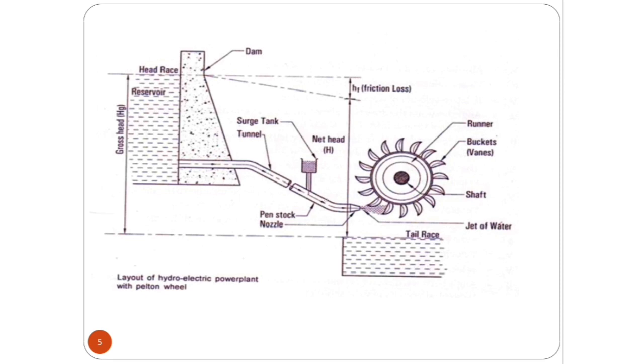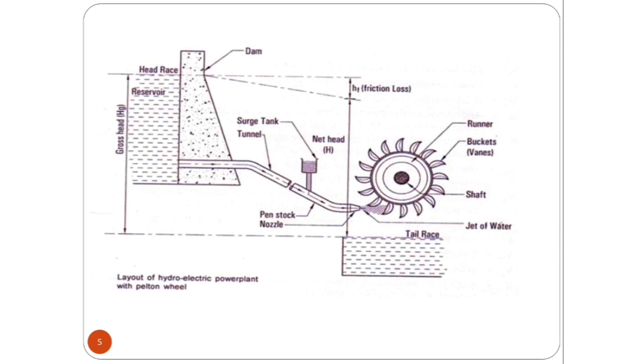This will strike the vane which is fitted to this wheel or runner. Because of this, the wheel or runner will start to rotate. Then the shaft will rotate, then this water will be collected in the tail race and carried away using this channel.